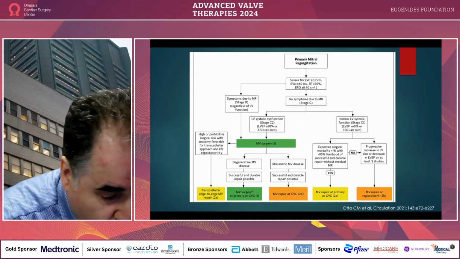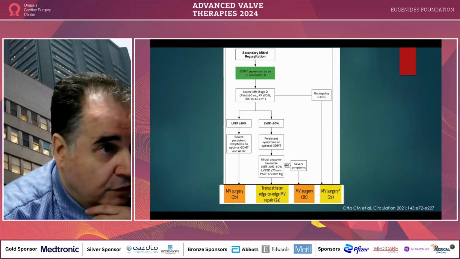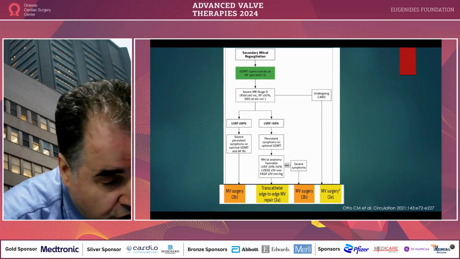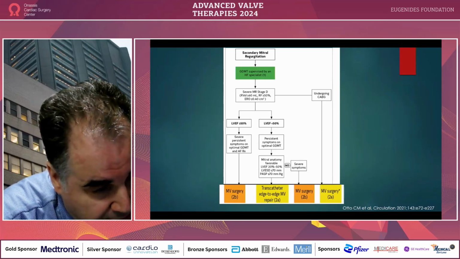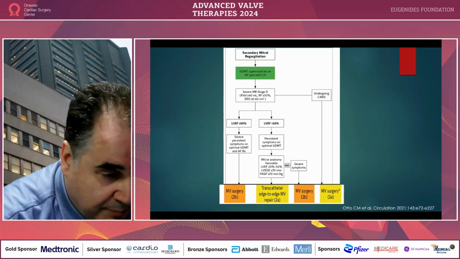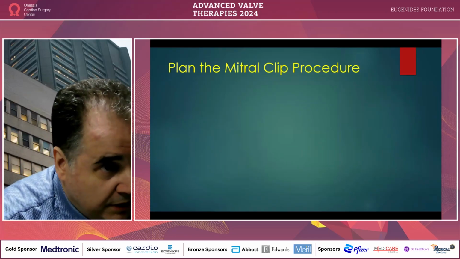It's a class 2A indication, but also for secondary mitral regurgitation after guideline-directed medical therapy, for ejection fraction less than 50%, meeting the COAPT criteria. Transcatheter edge-to-edge mitral valve repair is a class 2A indication.